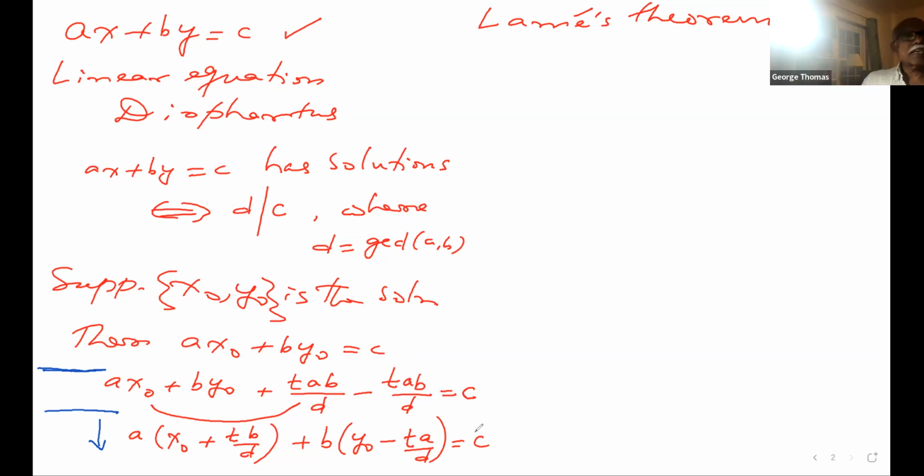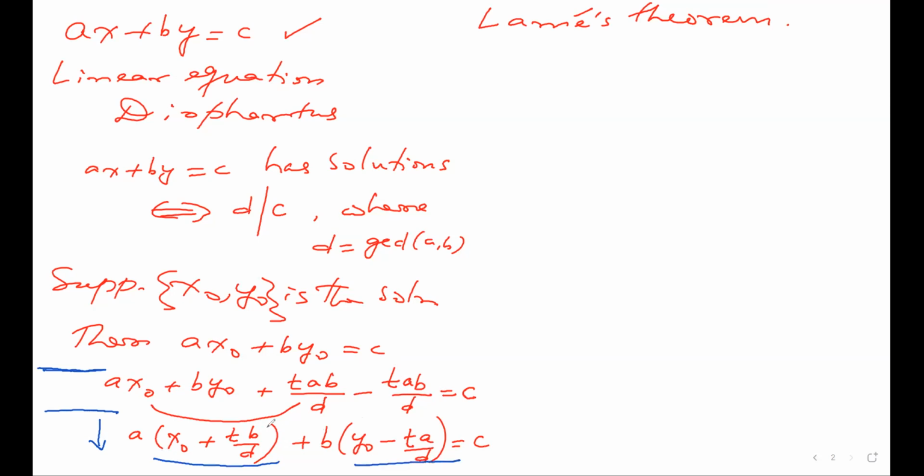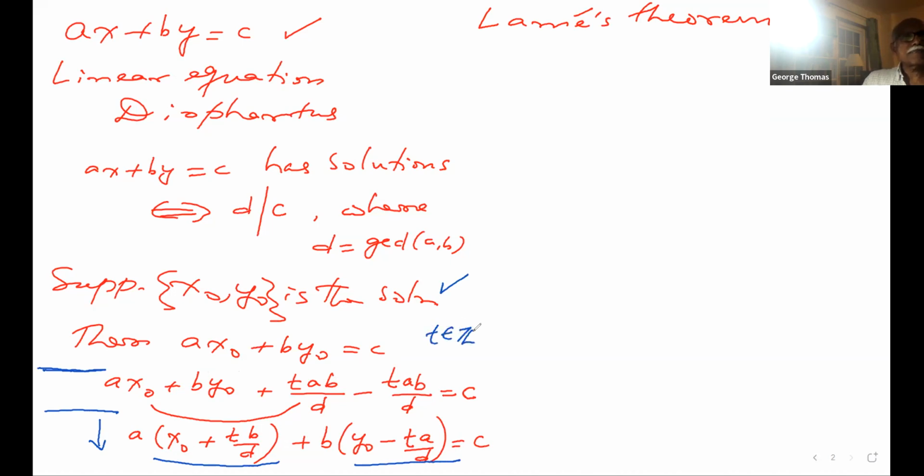Look at this now. So if it has a solution, what is t? t is any integer. So if x naught is a solution, any integer times b over d added gives another solution, and the value of y that goes with it.